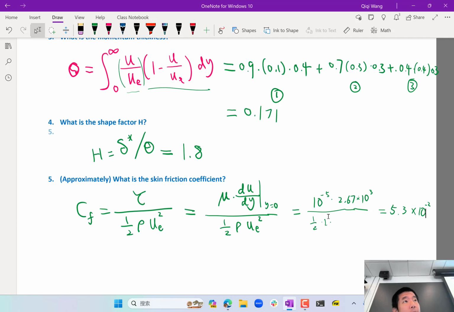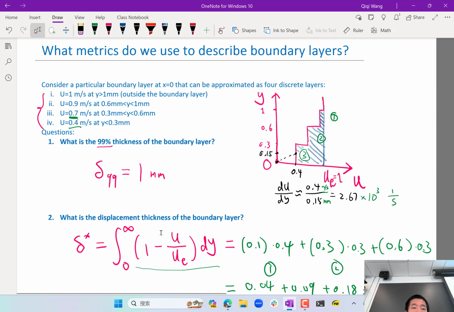Instead of whatever you had, like just the 0.4 closest to the wall? Yes. That's a very good point. In the skin friction coefficient, I look at the tau at the wall, but I don't use the velocity at the wall, because the velocity at the wall is equal to 0. For any continuous profile, the velocity at the wall is 0. And the more layers you use to approximate the velocity profile, the smaller the first layer velocity is going to be.